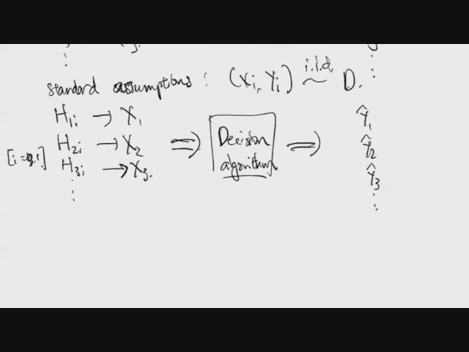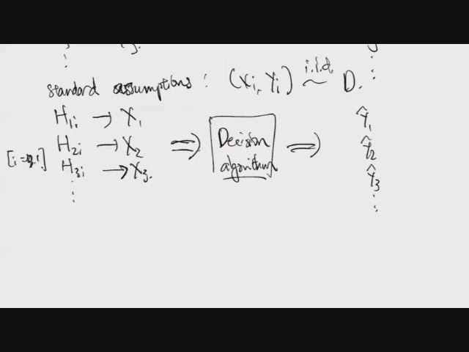However, now we no longer assume that our test statistics are independent. The randomness structure in multiple hypothesis testing is different from that in binary classification. In other words, we no longer assume that the data that we have here are independent.